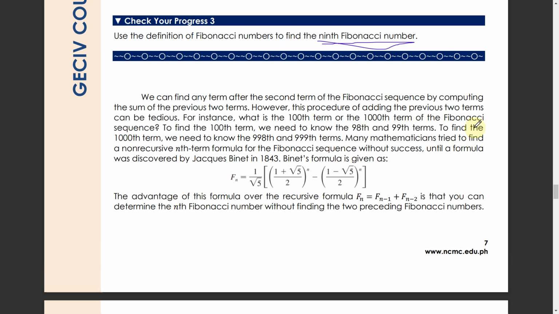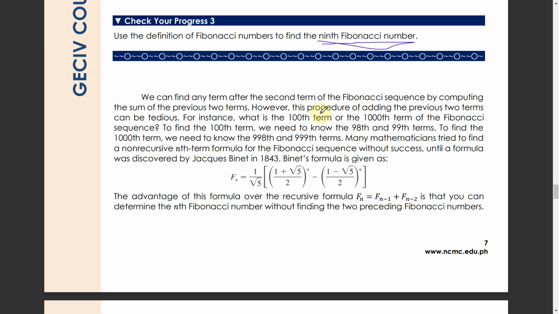So we can find any term after the second term of the Fibonacci sequence by computing the sum of the previous two terms. You just add the two previous terms, and we will know what the next term is. However, this procedure of adding the previous two terms can be tedious, meaning it is hard and a lot of work.